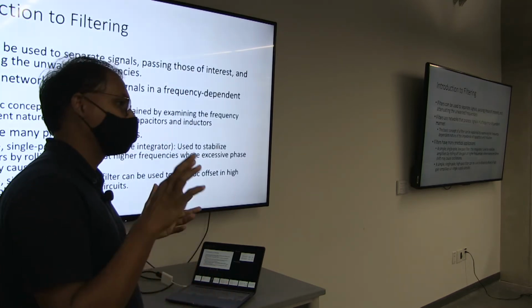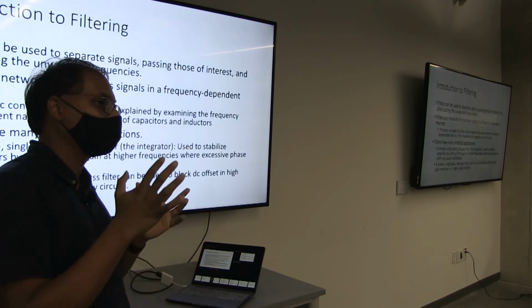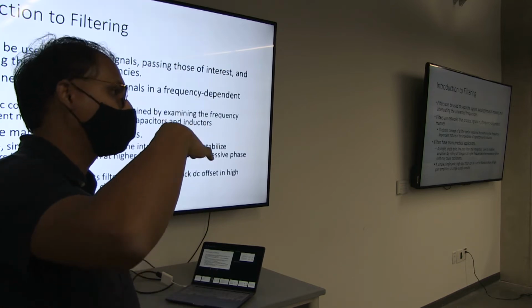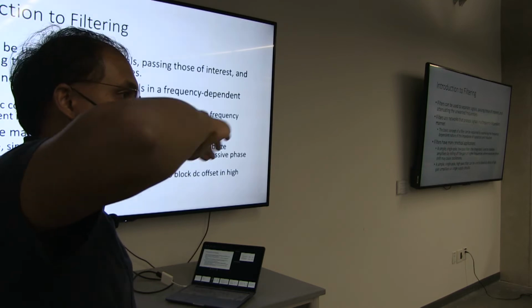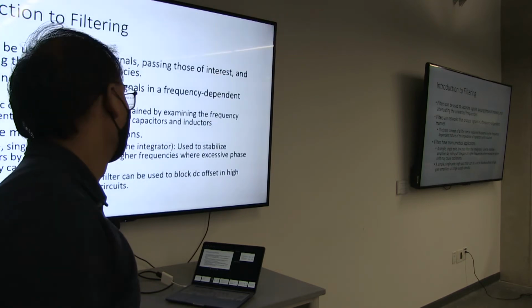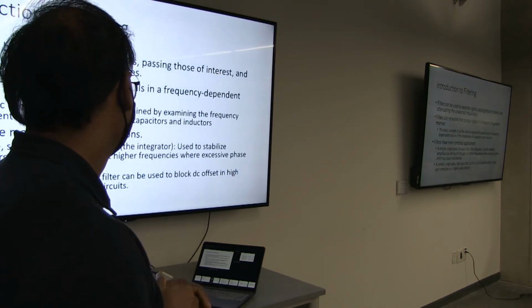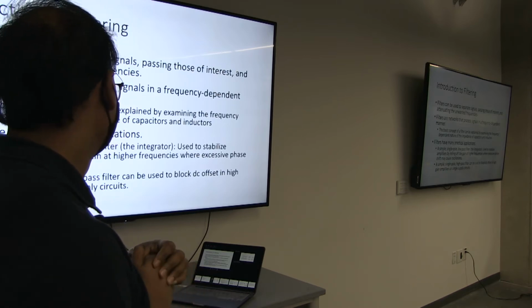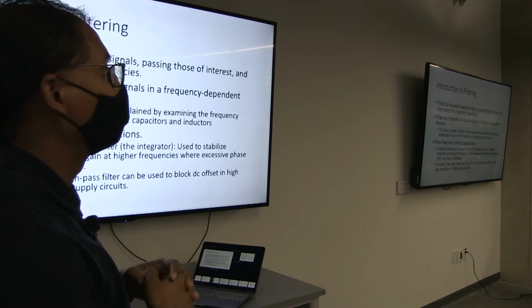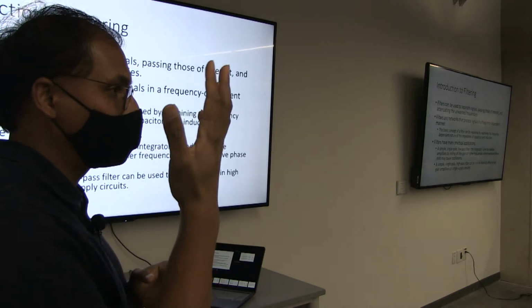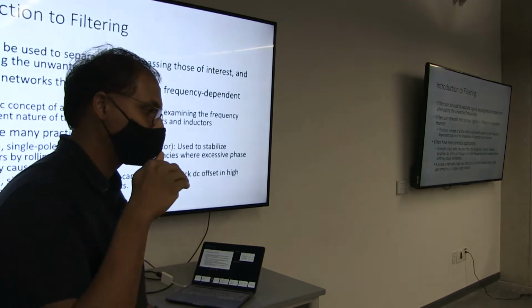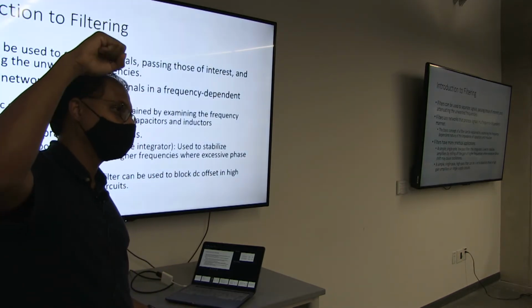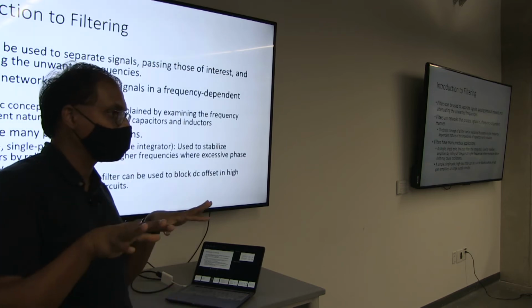When s equals 0, we have a pole at the origin. Whenever we have a pole at the origin, it starts falling from infinity. Everybody is comfortable with poles and zeros.